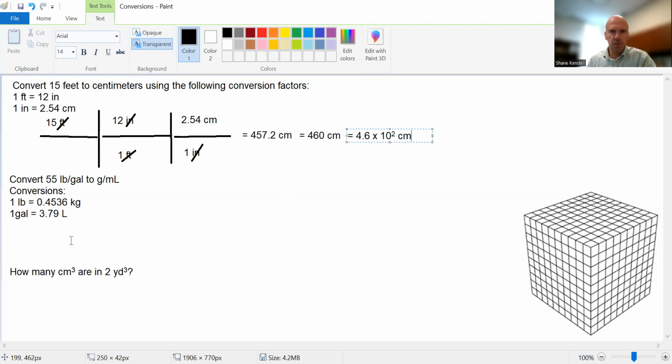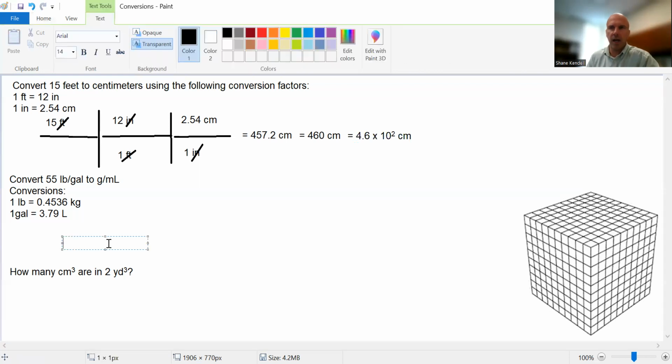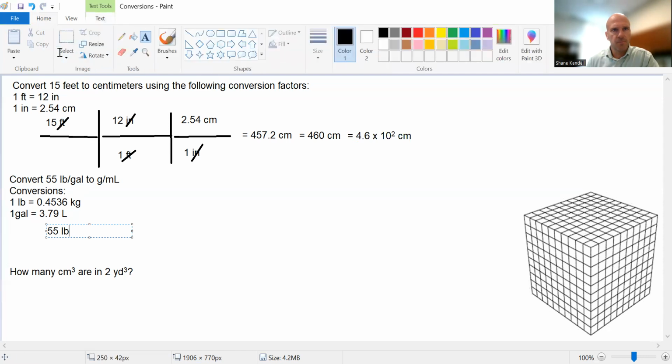Moving on to our next problem, we've got 55 pounds per gallon. So now we have units in both the numerator and the denominator. So the best way to start is to draw these things, but if I just put the number in here first, I'm going to have 55 pounds as our value for the numerator to start off with.